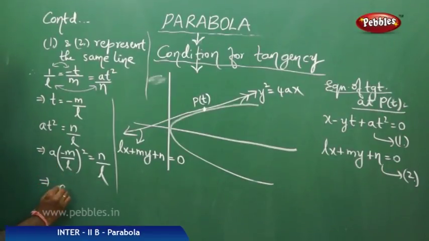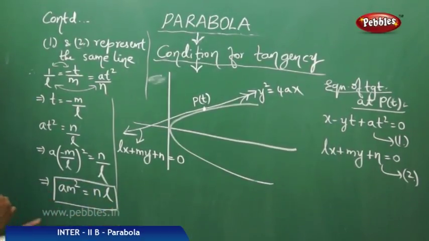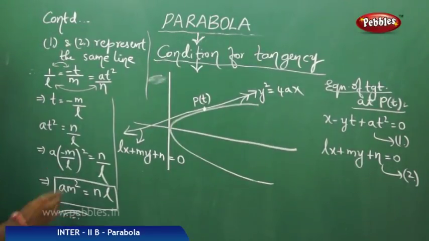That gives us am squared is nl, is how I get the two conditions given by am square equals nl.